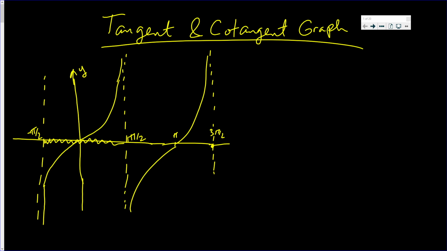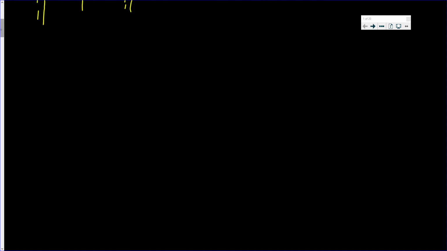And this just keeps repeating. Again, this is y equals tangent x. One period starts at negative pi over 2 and finishes at pi over 2. That's the standard tangent x graph.